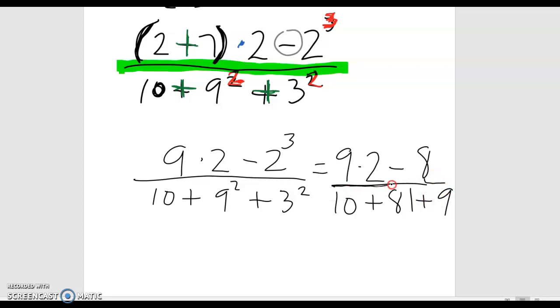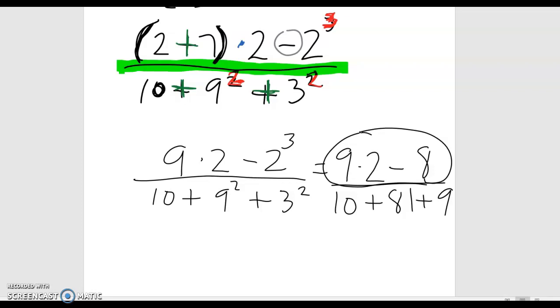So now we've taken care of the exponents and the parentheses, and you can clearly see what is left to do. All right, look at your numerator. Which would come first, 9 times 2 or the subtraction sign, 2 minus 8?